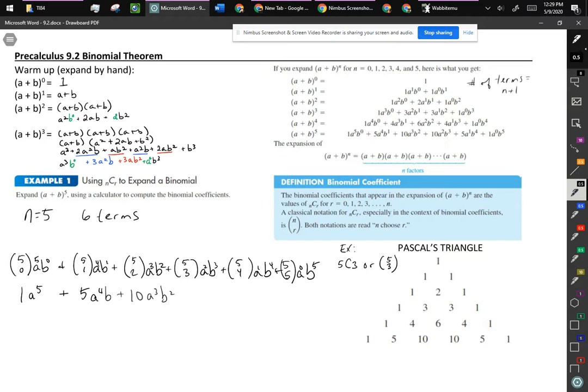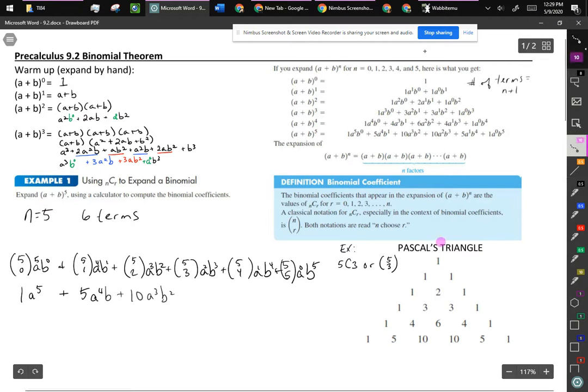Pascal's triangle is symmetrical from the center, right? Its left side and right side are symmetrical, which means that once I get to the middle of Pascal's triangle, if I don't know it and I don't want to calculate it by hand or with a calculator, I don't have to, because the other side is symmetrical.